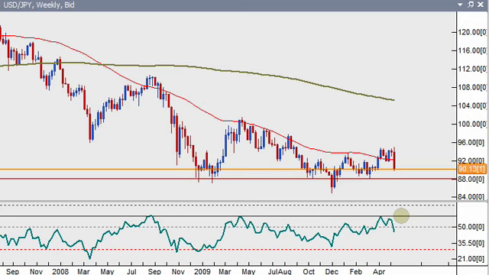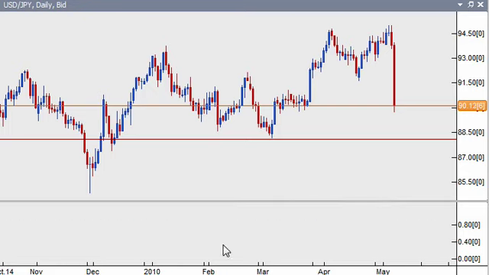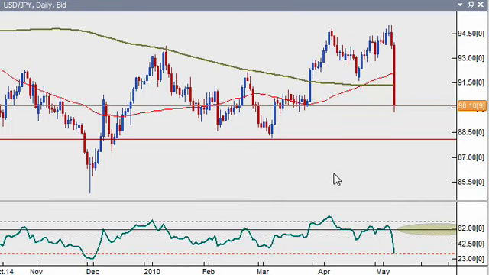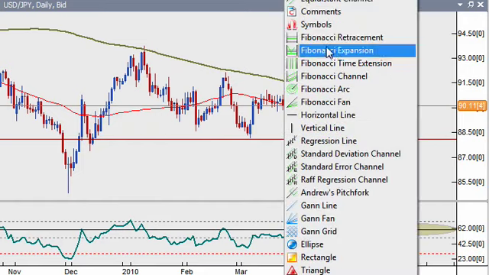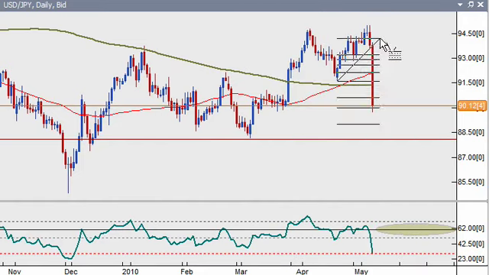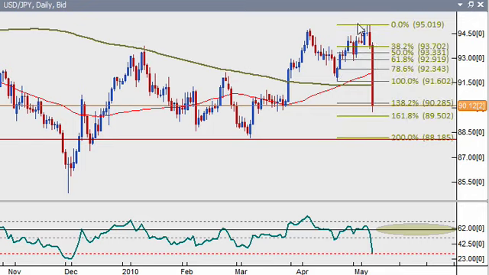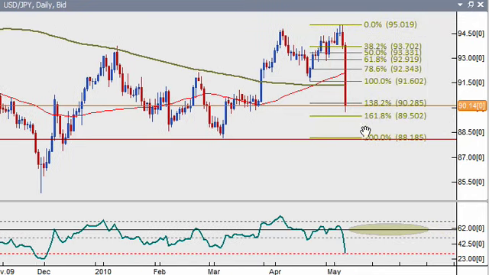Okay, so now looking at the daily, let's switch to the daily time frame. We can anticipate some kind of support areas. Let's say this one, for example, we had a rally and the 200% retracement.